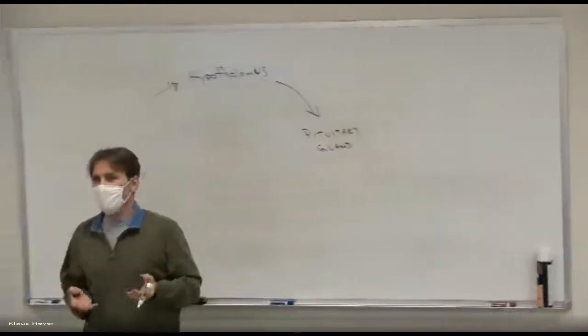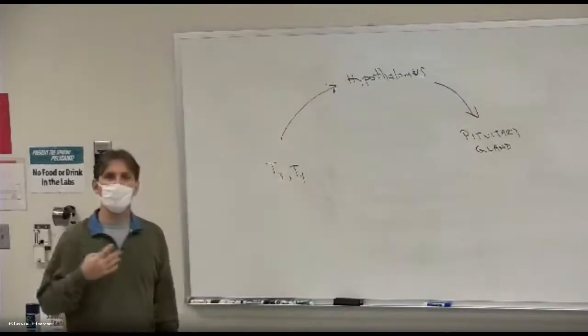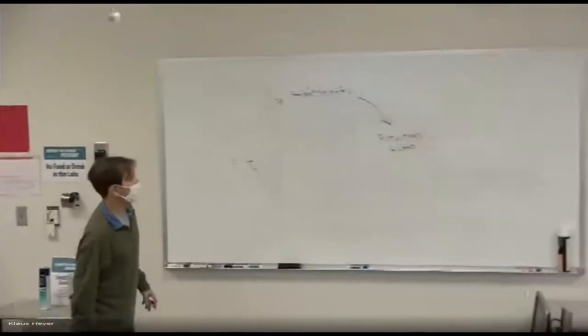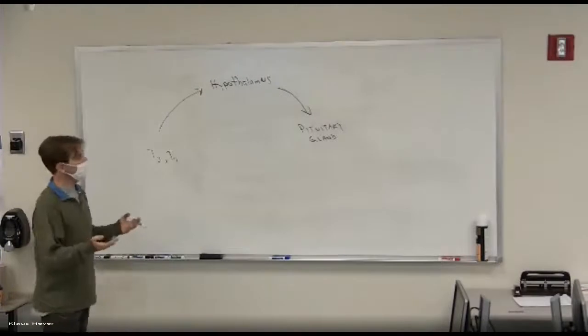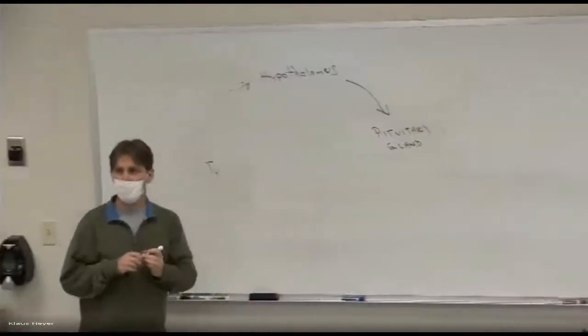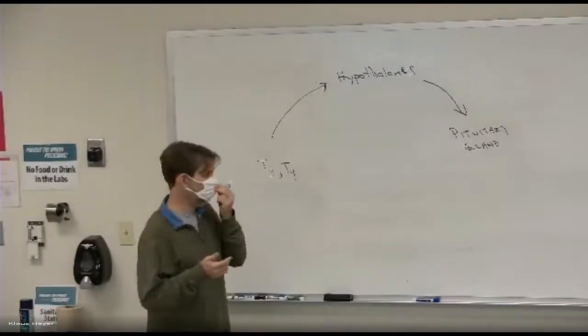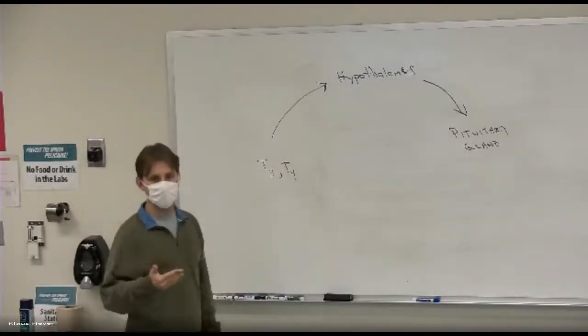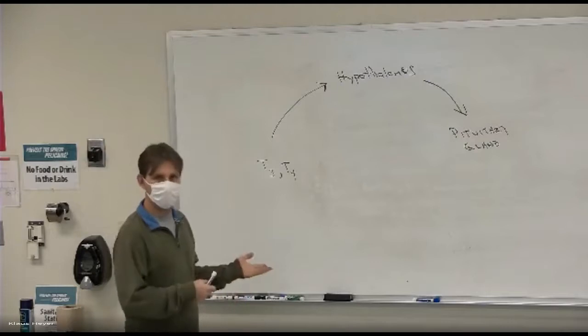How does the hypothalamus communicate? It has a releasing hormone. That's what it does. And the names of the releasing hormones are actually pretty easy. They all end in RH for releasing hormone, all of them.